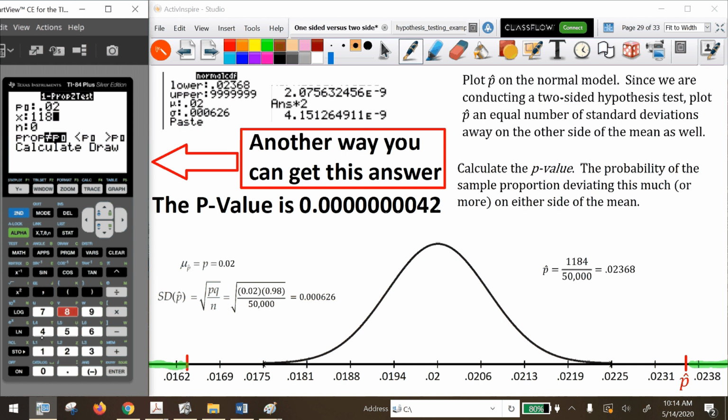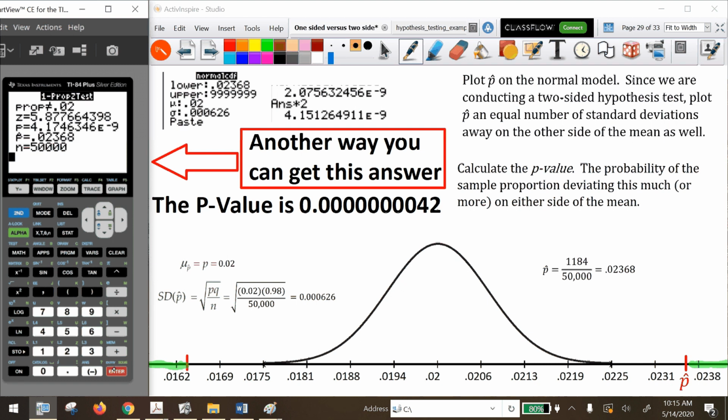1,184 people accepted the credit card offer, and n is that sample size. And you have to tell it if you're doing, oh, that should be 50,000. You have to tell it if you're doing a two-sided alternative, a left-tailed alternative, or a right-tailed alternative. This one we were doing a two-sided alternative. And just hit calculate, and we should get the same answer.